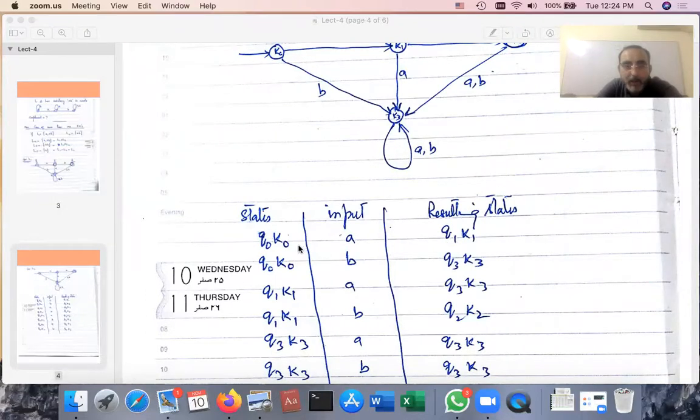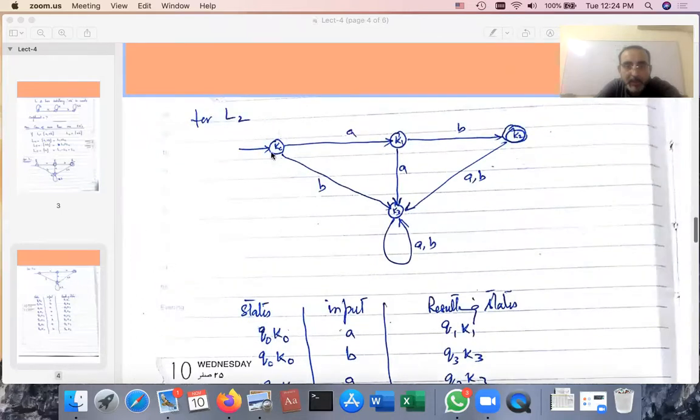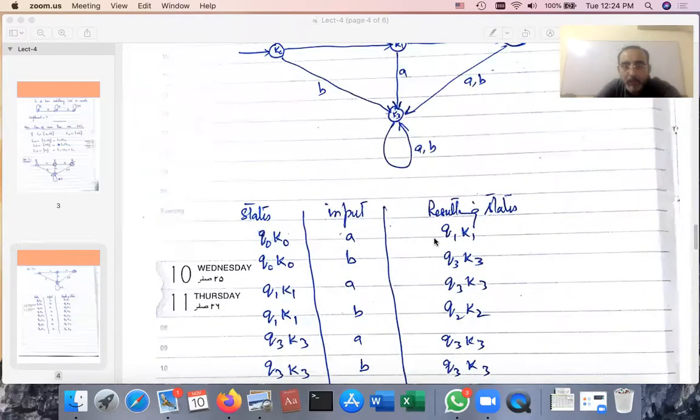And when there would be A on K0 in the second DFA, when I take A, I will reach K1. So I have to write K1 here as a pair in the resulting states, because you are now going to apply the union, intersection, and complement operations over this. So you have to combine these two FAs. That's why it is in the form of a pair.